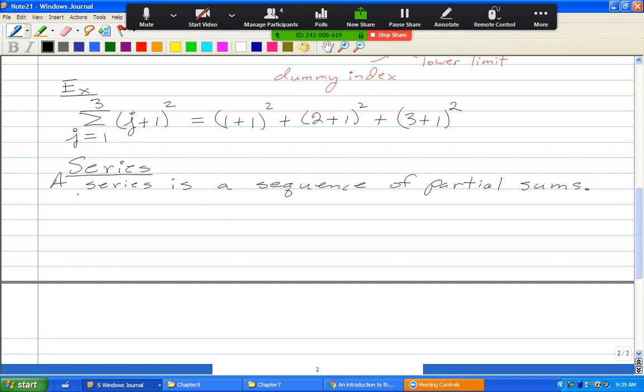Suppose you have a_j be a sequence. Then we will construct a sequence of partial sums.